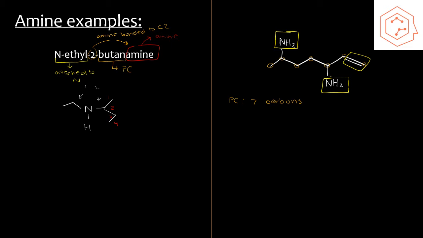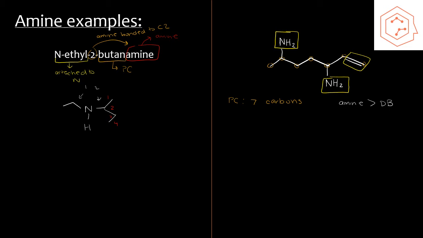And in this situation, the amines have higher priority over a double bond, which is the case for most functional groups. Double and triple bonds have pretty much the lowest priority. And so amine is going to be our ending.